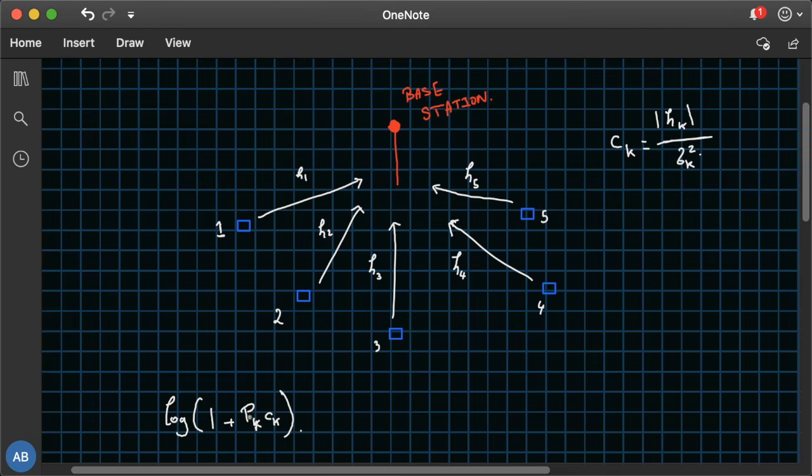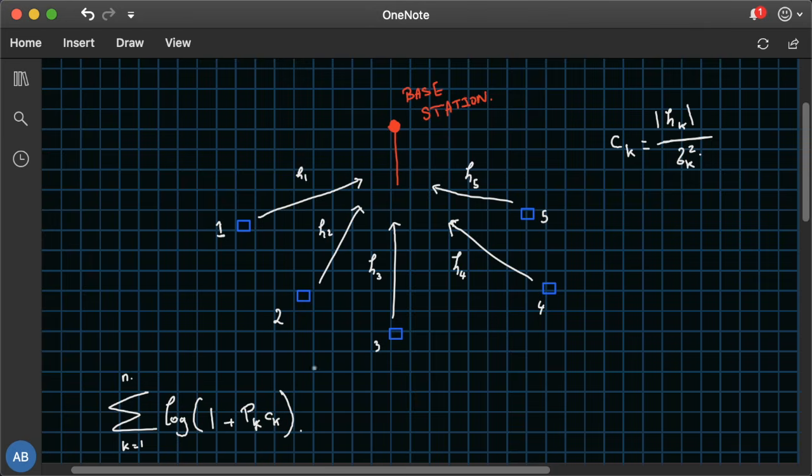And water filling will actually, given the CK's, compute how much pK's I need to maximize the data rate of the system. So in other words, we're going to maximize the sum, K going from 1 till N.